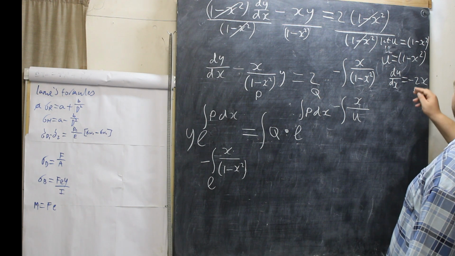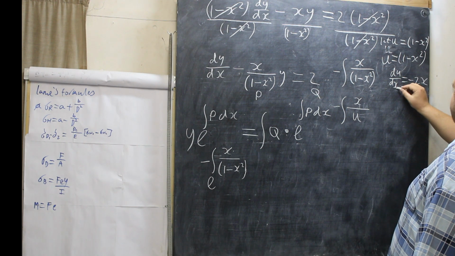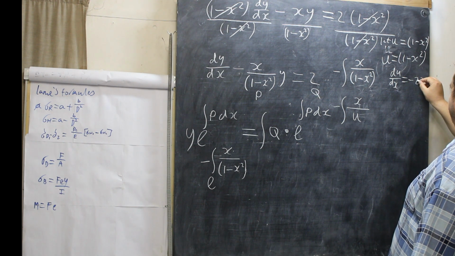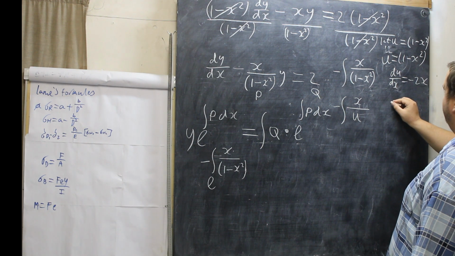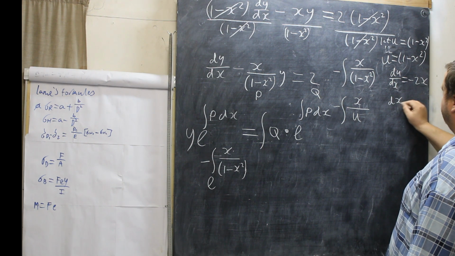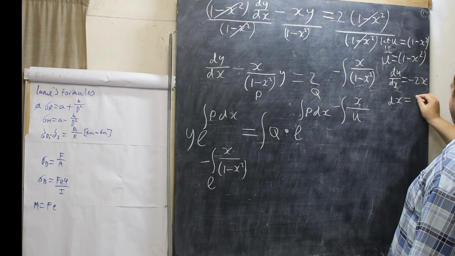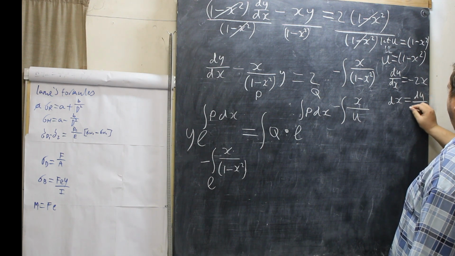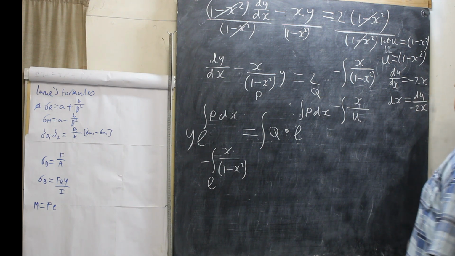Now, what we do is we take dx up here and take the minus 2x down here. So, dx equals du over minus 2x.